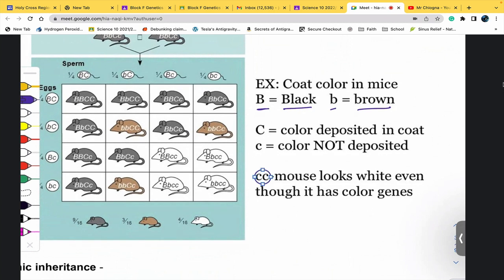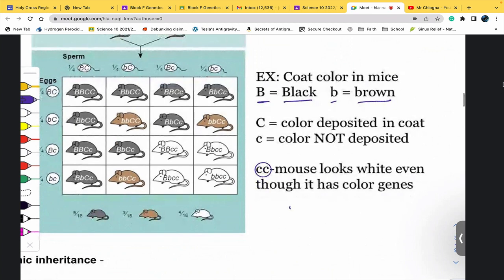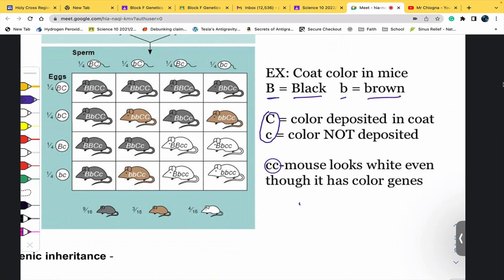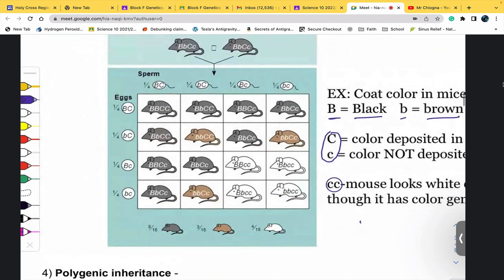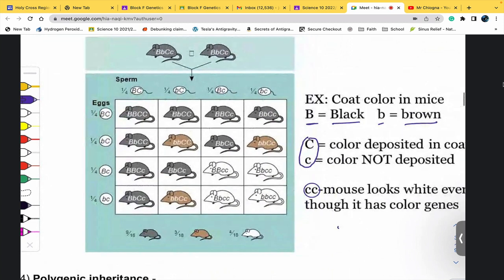You get a lowercase c, lowercase c. You get a combination of a big C, little c, or a big C, then you'll get the expression of either the black or the brown. So let's take a look at this dihybrid cross here.